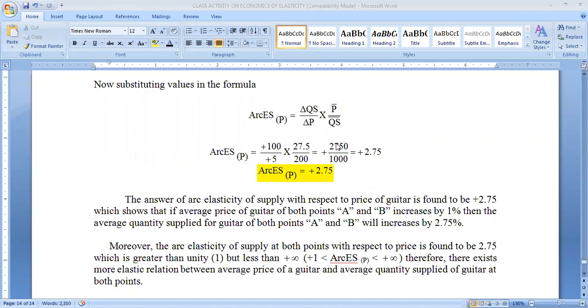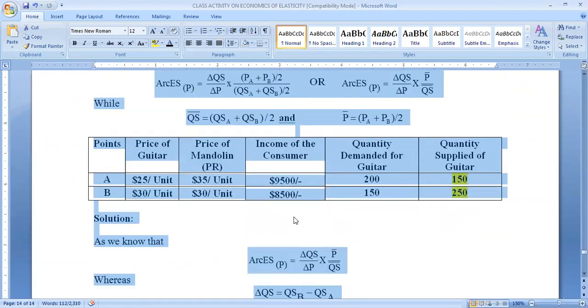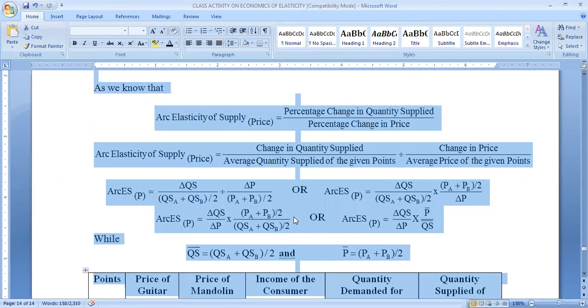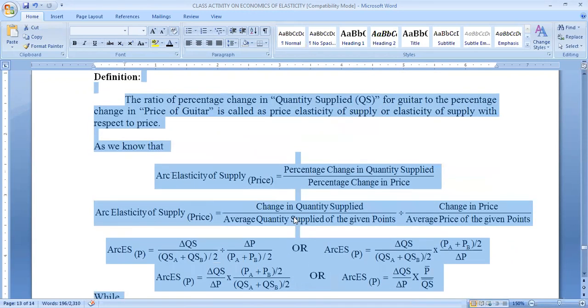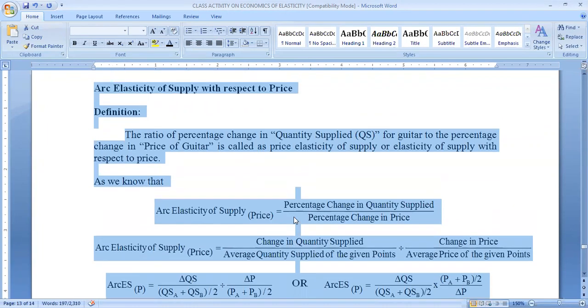Okay, now I'm going to move towards question number 10, which is basically to find out the cross price elasticity of supply. Cross price arc elasticity of supply, with respect to price of a related good, right?